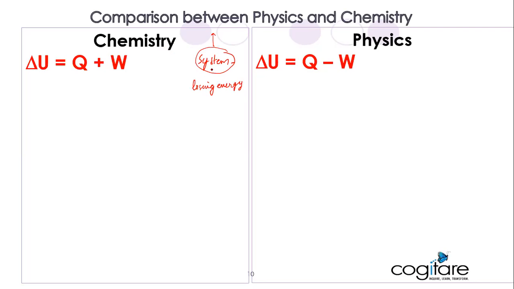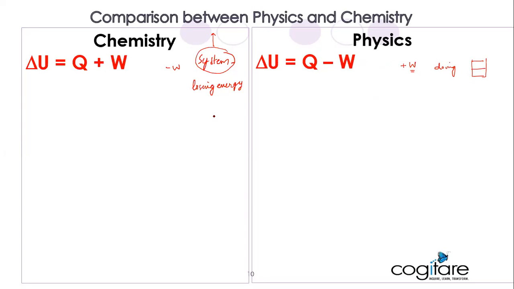Yes, sir. So I would like to take this work as minus W. In physics, if a system is doing work, like an IC engine expanding and actually doing the work, they take it as positive work. So they will say the system is doing the work, it is plus W. It is this aspect of how we see the system.